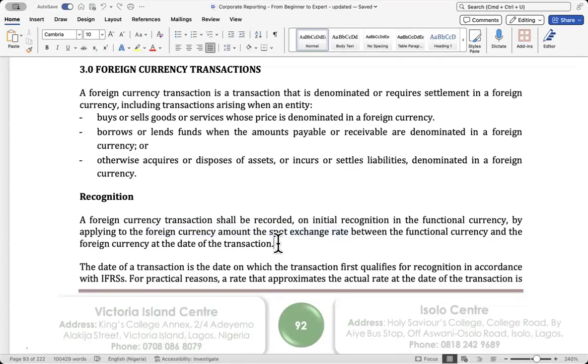So, of course, the exchange rate at the date of the transaction is what we call the spot exchange rate.